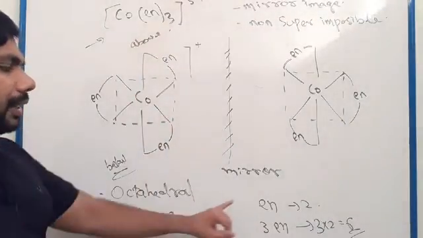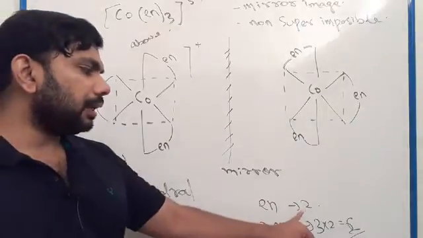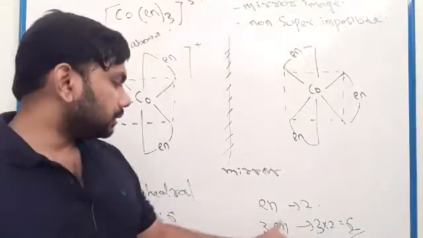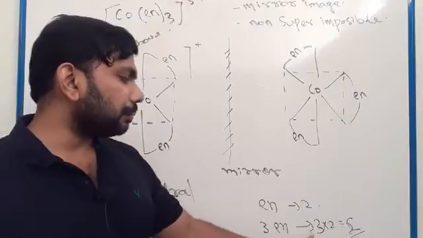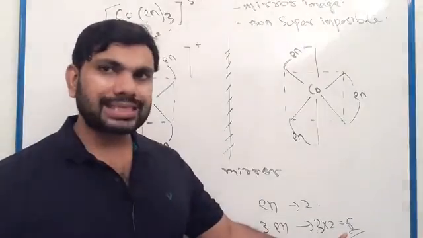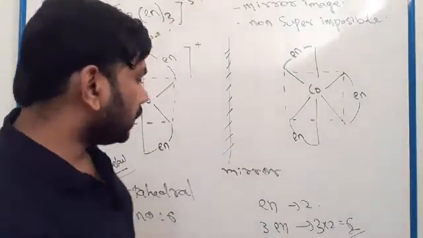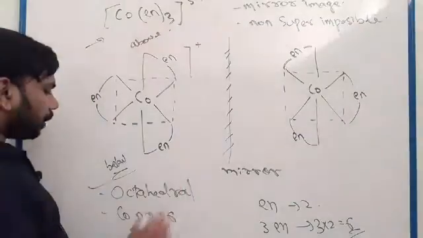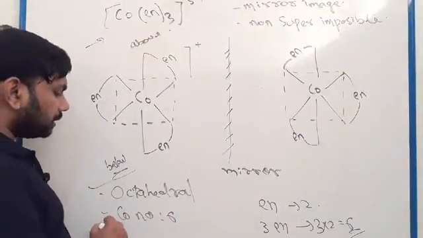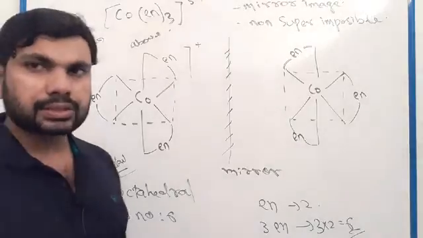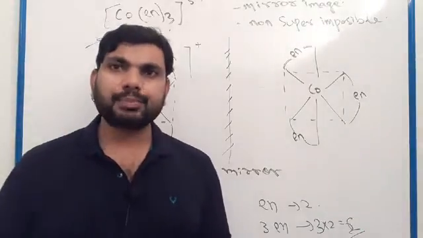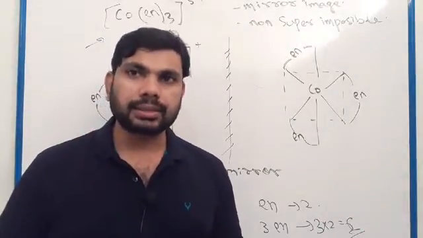We know 1 ethylene diamine has 2 donor atoms, so 3 ethylene diamine has 6 donor atoms. So this is an octahedral complex, and the coordination number will be 6 because of 6 donor atoms.